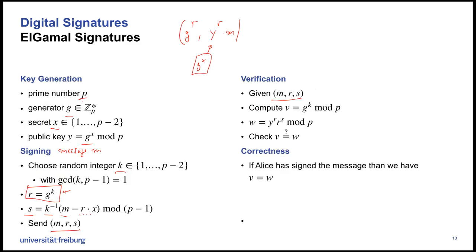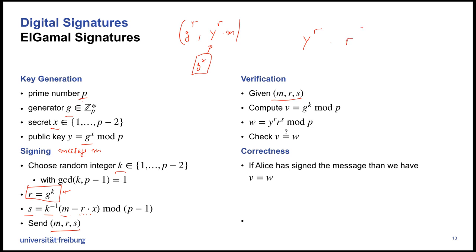Okay, let's see. So we are given these three components. So we take y to the power of r, and we multiply this with r to the power of s.